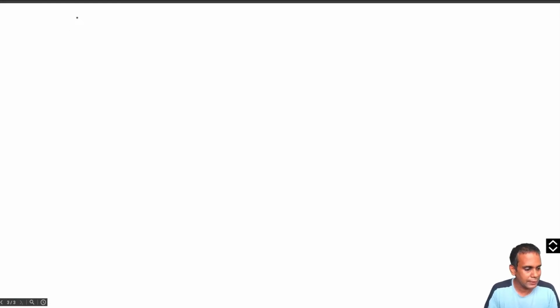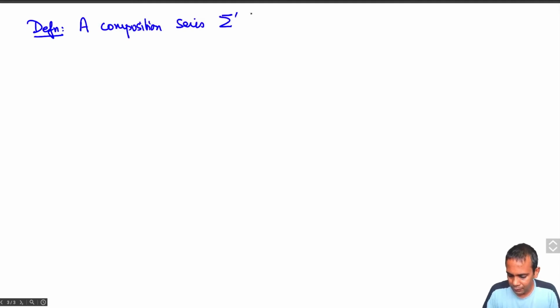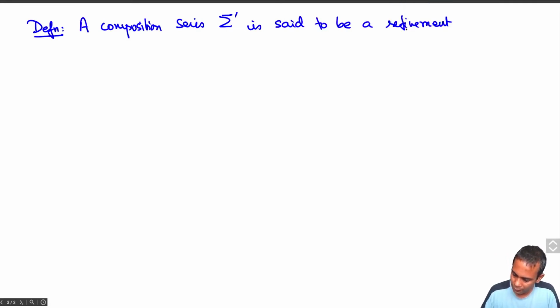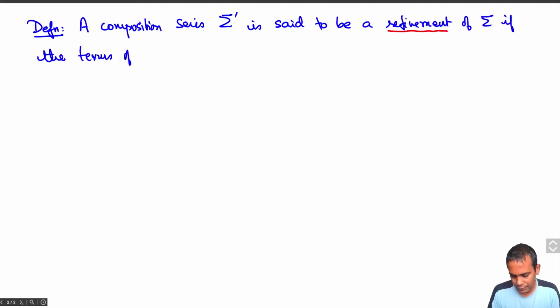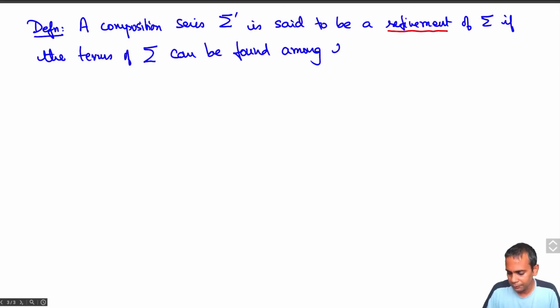So given two composition series, a composition series sigma prime is said to be a refinement of a composition series sigma if the terms of sigma can be found among the terms of sigma prime.